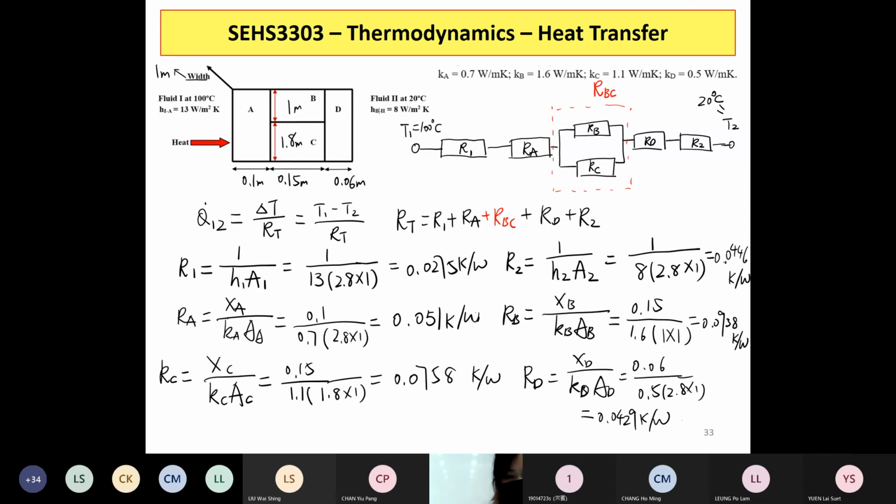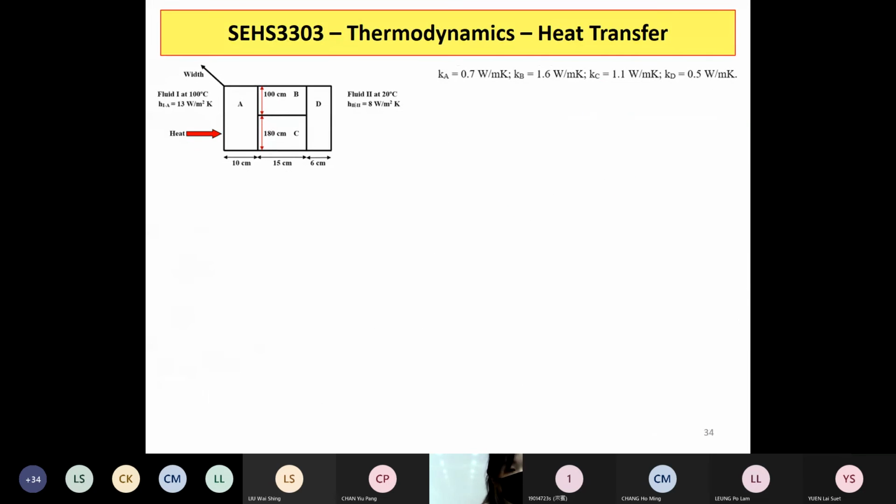Now we can calculate the RBC based on RB and RC. Recall your memory the relationship between RBC and RB and RC. The resistors in parallel, that should be 1 over RBC equals 1 over RB. You should remember this equation, okay?